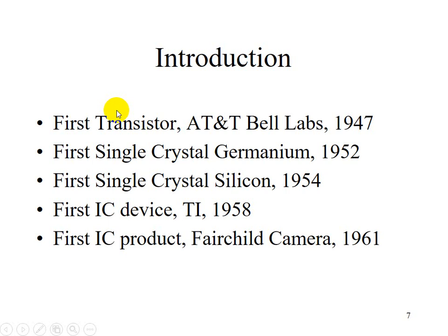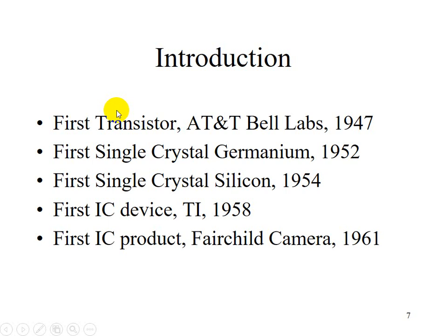And then the first IC fabrication process using the concept of the semiconductor manufacturing process was conducted in 1961 at Fairchild Camera.